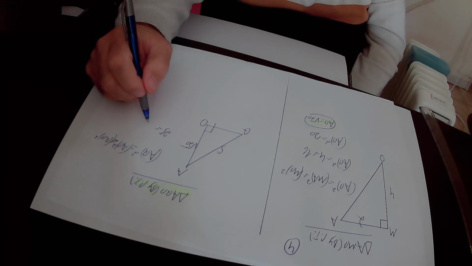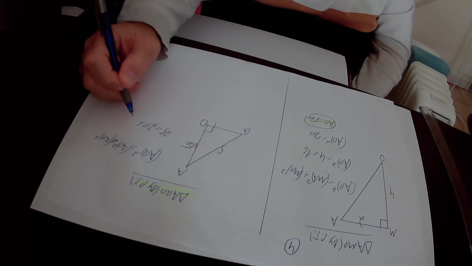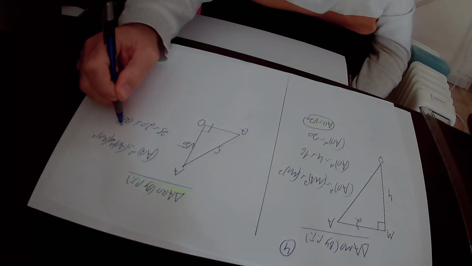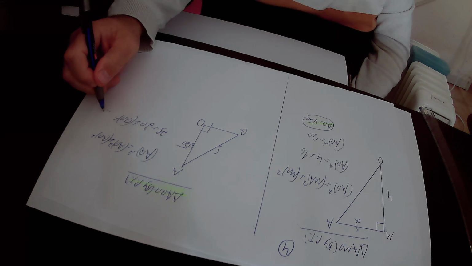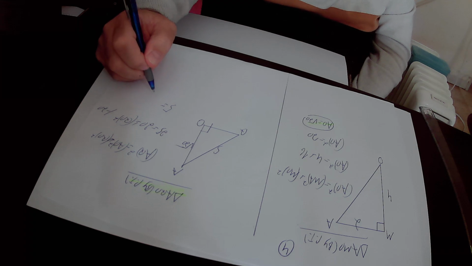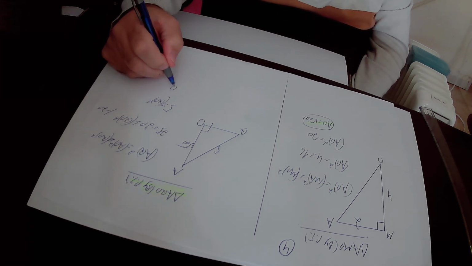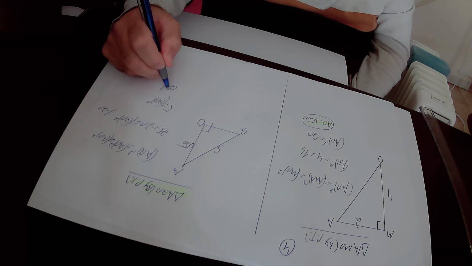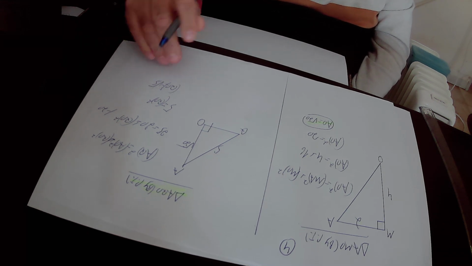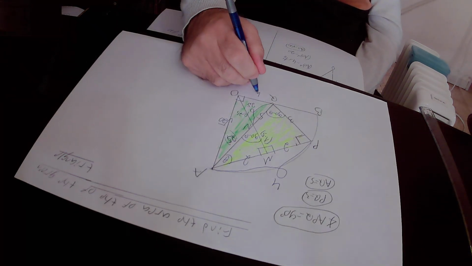AO is square root of 20, therefore AO squared is square root of 20 squared, that is 20, plus QO squared. Here we will subtract 20 from this equation, and we get that 25 minus 20 is 5, that is equal to QO squared. Here we will take the root of this equation, and finally we get that QO equals the square root of 5 units. Here QO, this side QO equals the square root of 5 units.